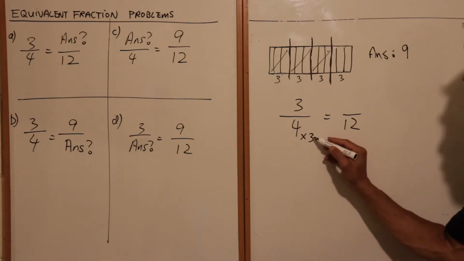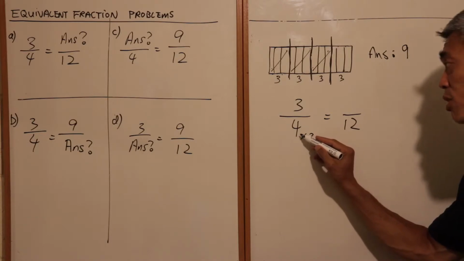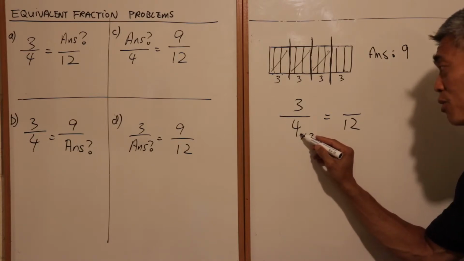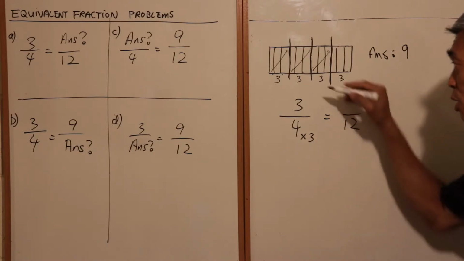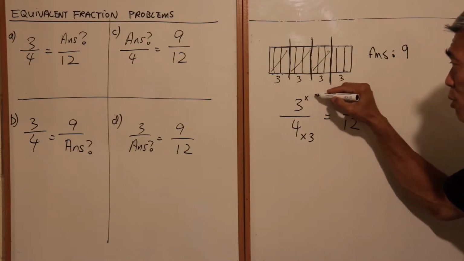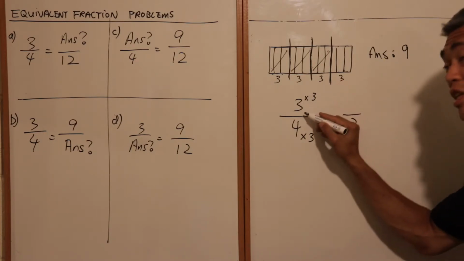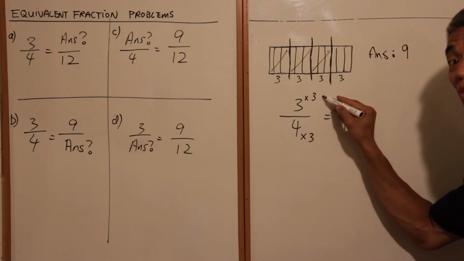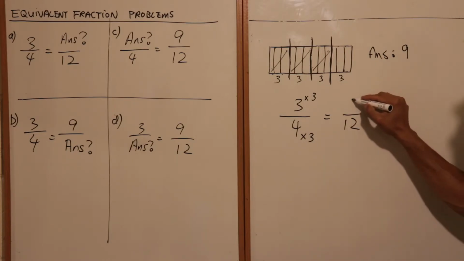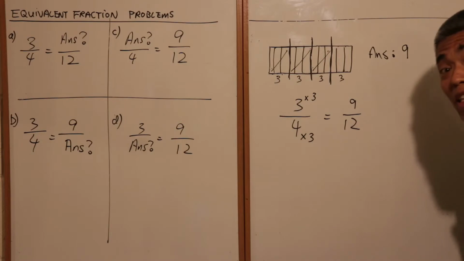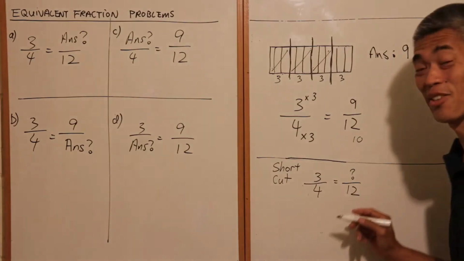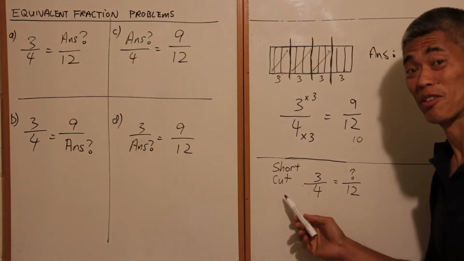And because you have split each of these 4 parts into 3 smaller parts, you know that you have to split each of these 3 parts into 3 smaller parts. That gives you a total of 9 shaded parts. So now for the shortcut.